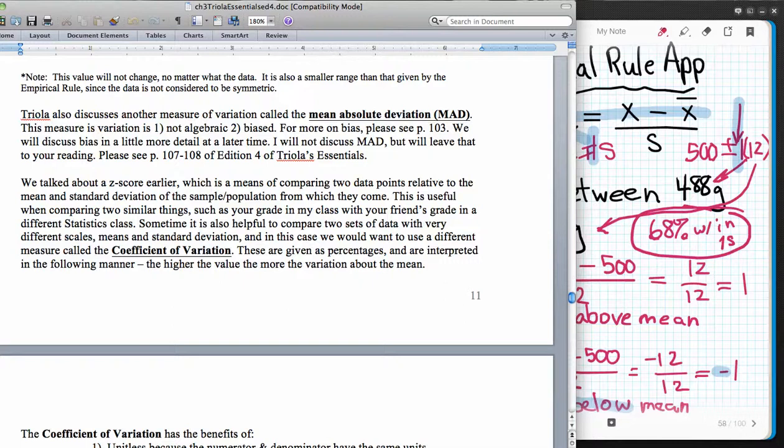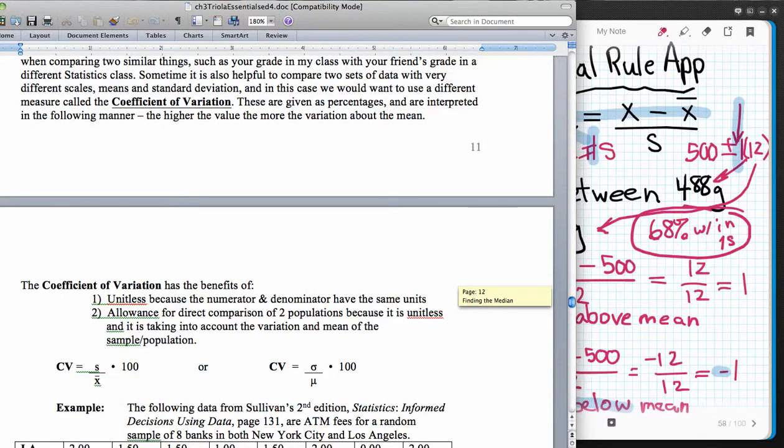So the next thing that I'm going to talk about is something called the coefficient of variation. And the coefficient of variation is a good way of taking a look at how two data sets can be compared to one another. These two data sets can be compared by a percentage value that's according to their standard deviation and their means.